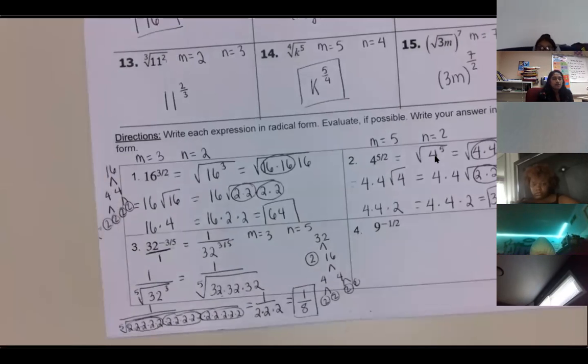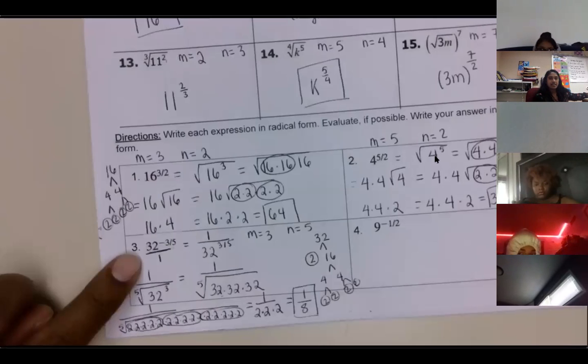All right, last one, number 4. We've got 9 to the negative 1/2. So same thing, we've got a negative exponent. How do I get rid of the negative exponent? What do you have for me, Karen? I don't know. What did we do over here when we had the negative exponent? We canceled it out.